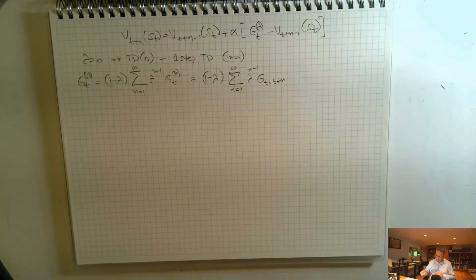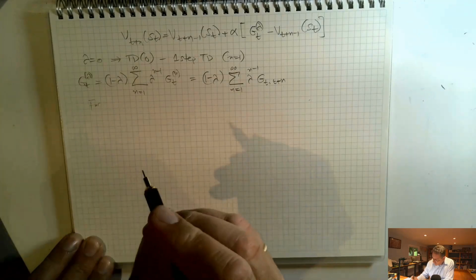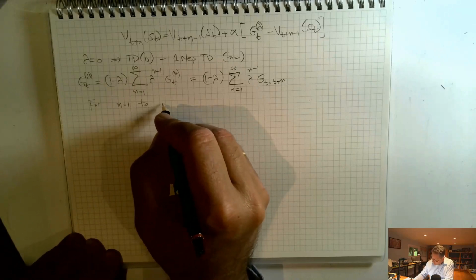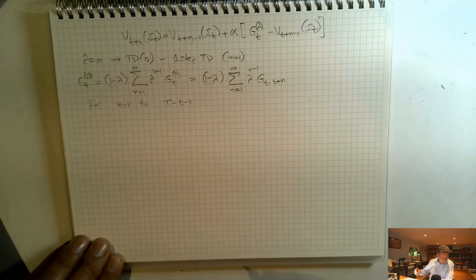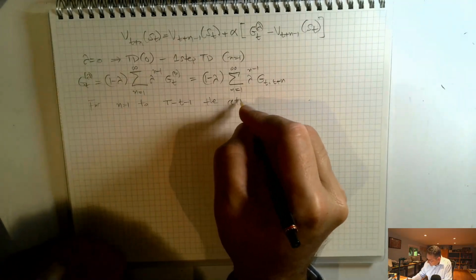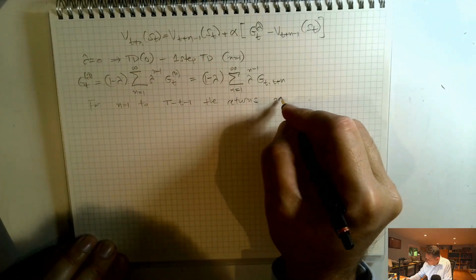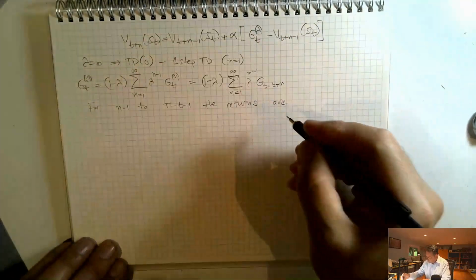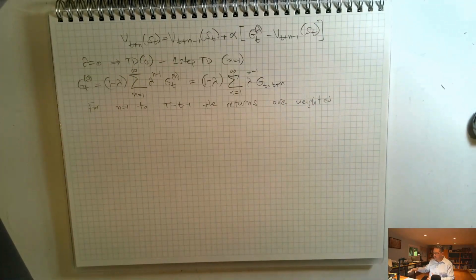So for all indices n equal to 1 to capital T minus t minus 1, the returns are weighted with these decaying lambda factors.